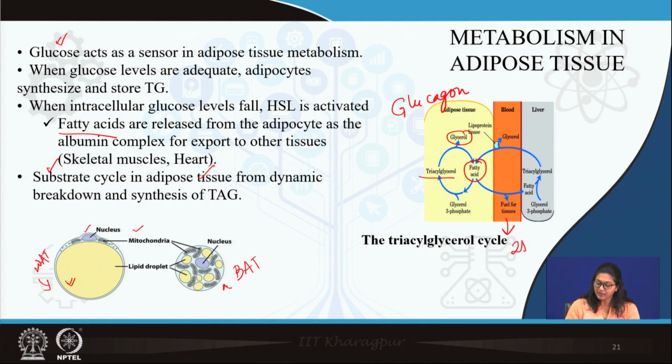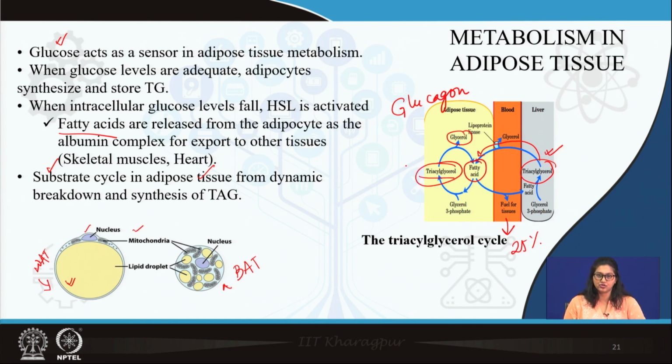Only 25% of these fatty acids are actually utilized in beta oxidation or provision of energy. 75% of these fatty acids go back to liver. There it forms triacylglycerol, and this triacylglycerol comes back to adipose tissue for storage once again.